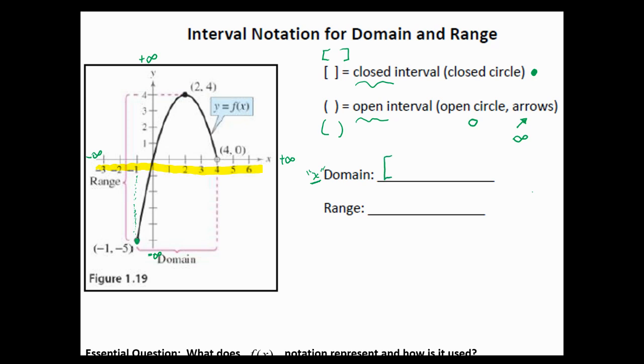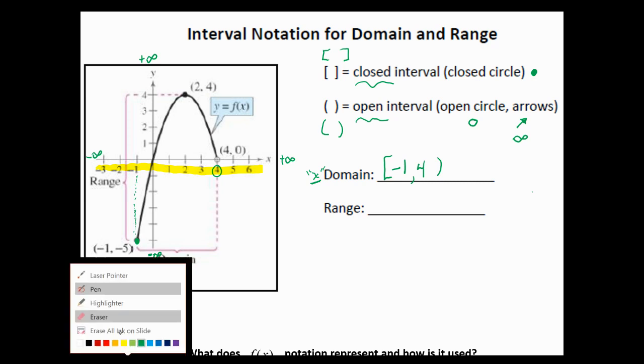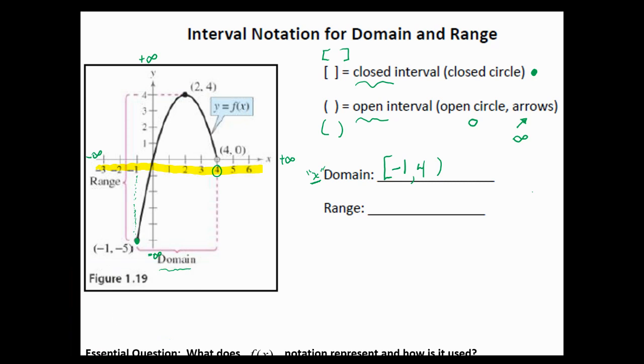And that closed dot starts at -1. And put a comma. And then you're looking along the yellow line to where it ends. So you can see right down here, they're trying to show you the domain. And it ends at an open dot, so we need a parenthesis. And it ends at the value of 4. So that would be the domain. You can hit pause if you need to for a minute.